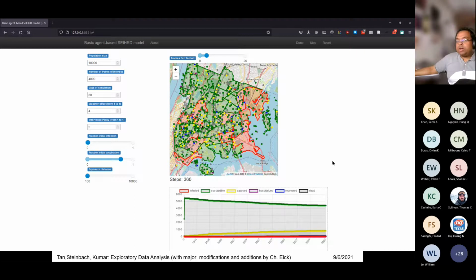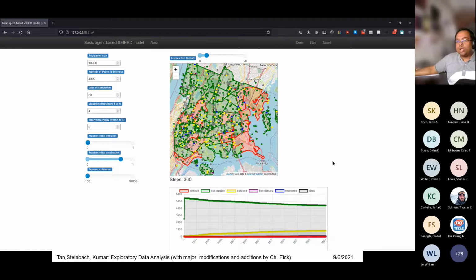Essentially, we try to figure out if there's some sort of infectious disease spreading in the city in, say, 2020, how would that disease spread? How are infected people moving about? Are they moving to offices?